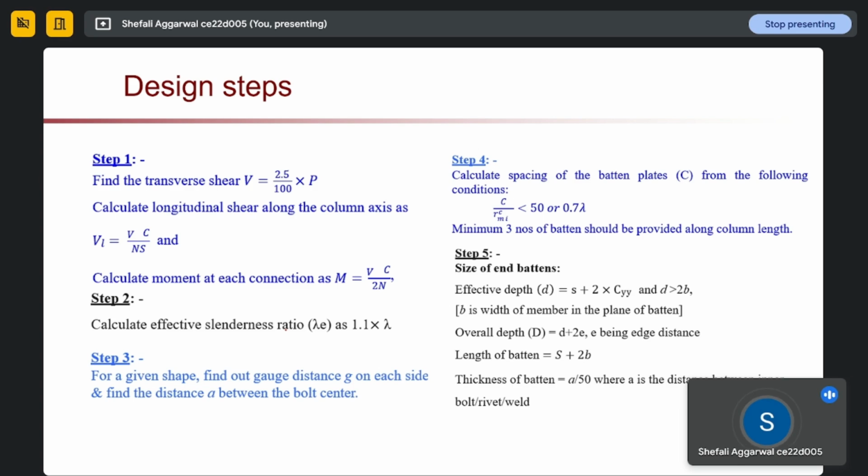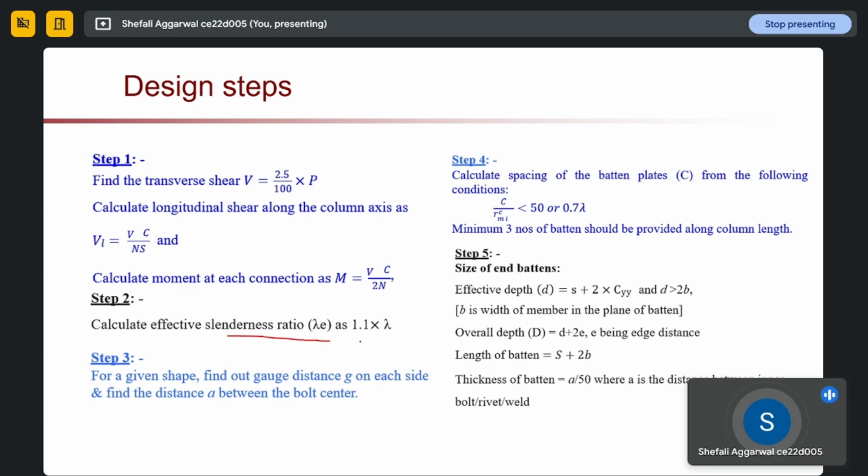So the first step is calculating the transverse shear, same as we were calculating for our lacing system. It should be 2.5 percent of our actual load, and then we will calculate the longitudinal shear along the column itself, which is given by VC divided by NS. Next we calculate the moment.